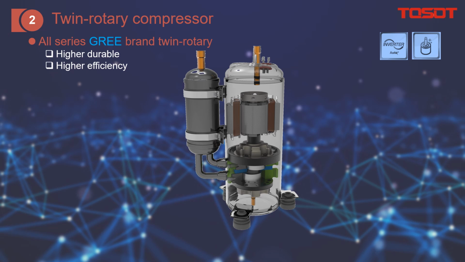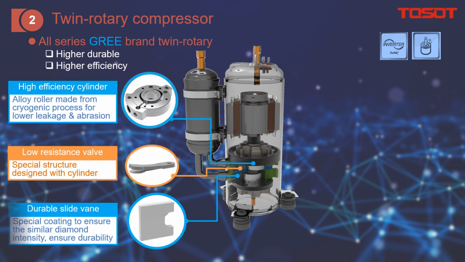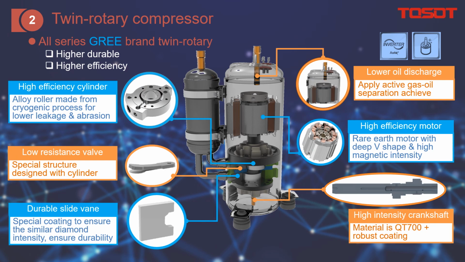The compressor is also from GREE. It is twin rotary. That means inside the compressor there are two cylinders or two compression chambers. We also researched and developed lots of components to ensure the compressor has higher efficiency and higher durability.